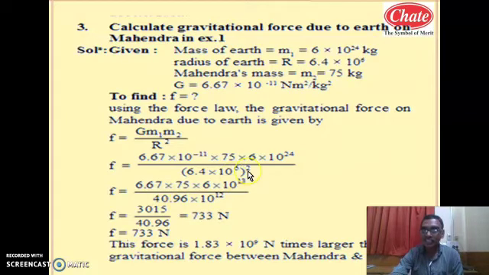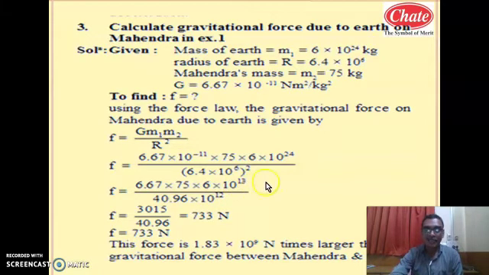10 raised to 6 whole square is solved by the law of indices, a raised to m whole raised to n equals a raised to m into n. Multiplying the powers, we get 10 to the power 6 into 2, that is 12. Solving further by the laws of indices, 10 raised to 13 divided by 10 raised to 12 gives 10 raised to 13 minus 12, because when 10 to the 12 shifts to the numerator, it becomes 10 to the power minus 12.